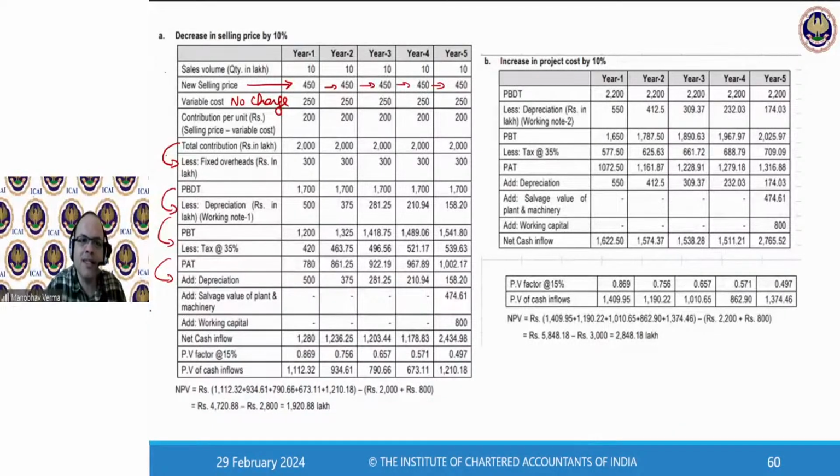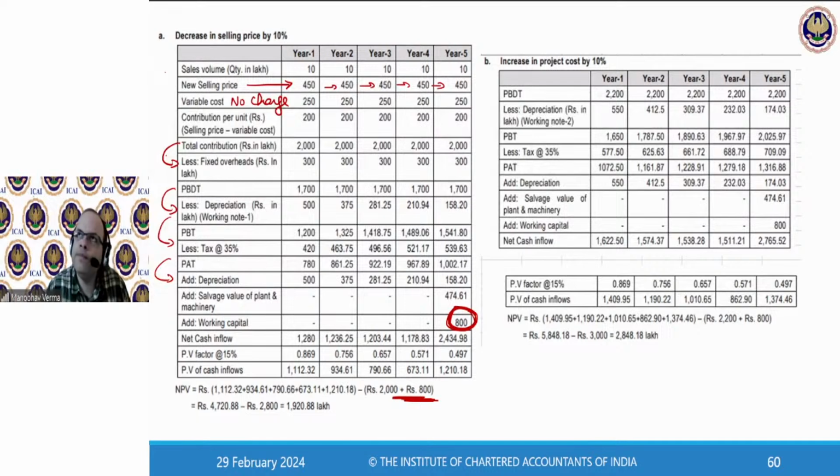I hope you remember that in terms of calculation, there was some working capital, right? In this question, we are having 800 working capital in the initial year that is being released in the last year. So that is also an inflow of year 5. So working capital is also a very important point to be discussed.